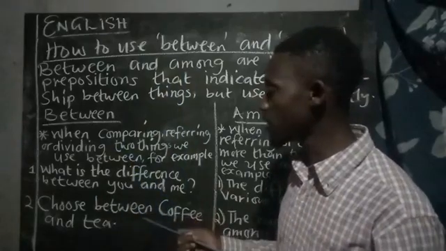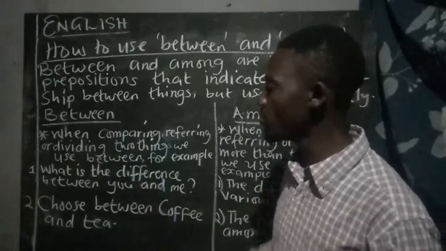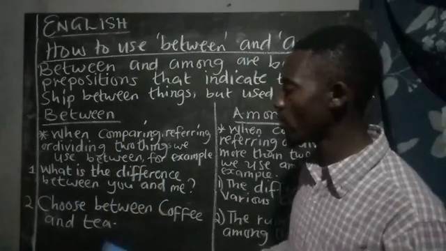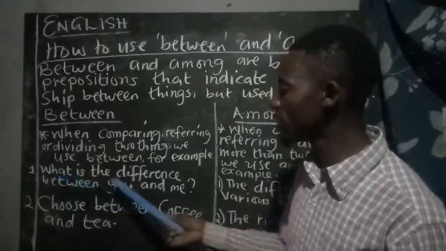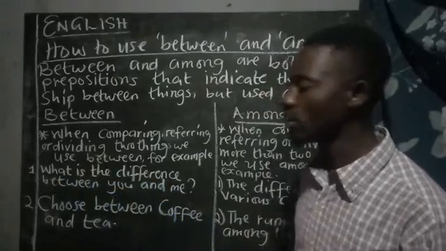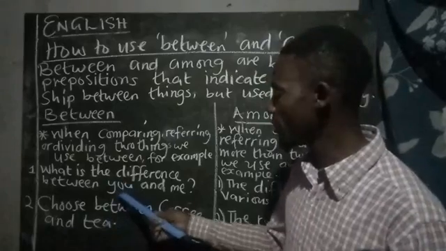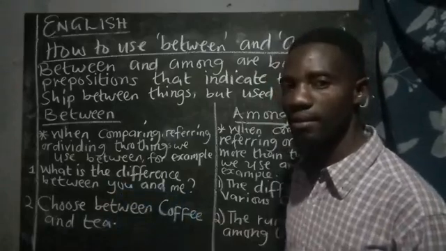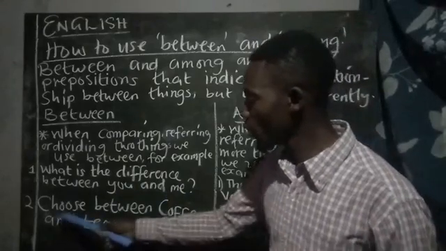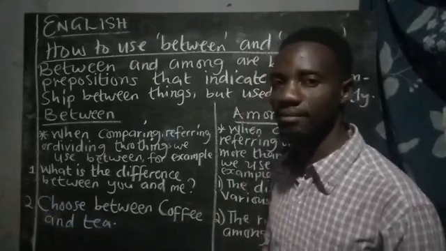Sometimes when you are sharing two things or referring to two things, you use the word between, just like it is indicated in our first example here, where we said what is the difference between you and me? We've used between here because there are only two things that we are comparing, you and me. Example number 2, choose between coffee and tea.